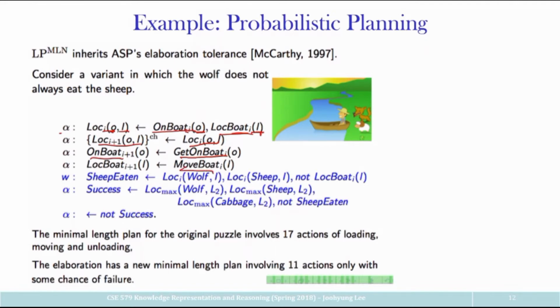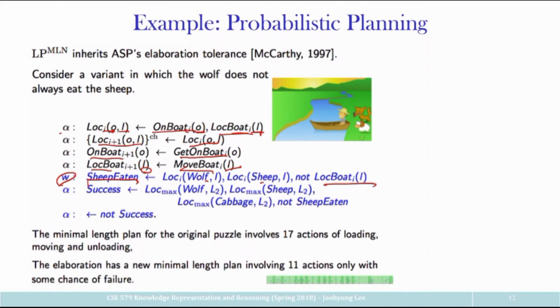If you move the boat to the destination, the boat will be at that destination. Now here we have the case that the wolf and sheep are together but the boat is not there, meaning the farmer is not there. Then the sheep will be eaten. But we write this as a soft rule with a weight that is different from alpha. That means sometimes this can be violated.